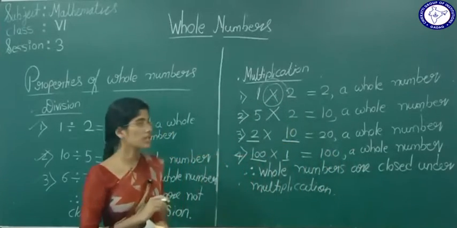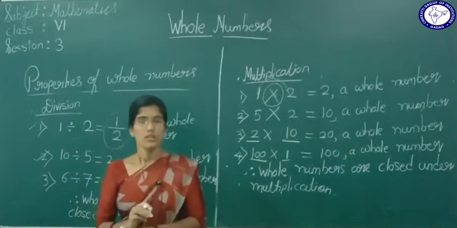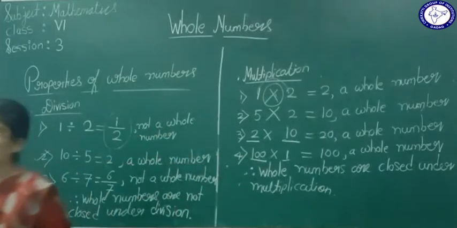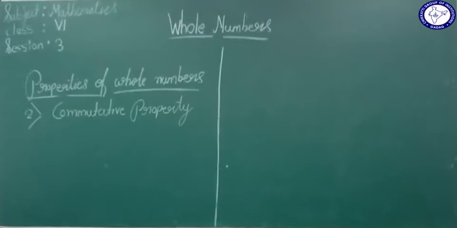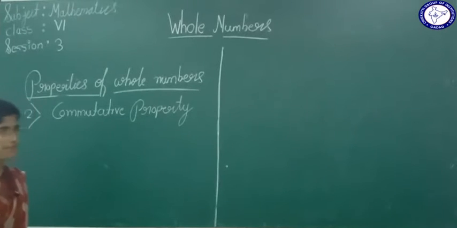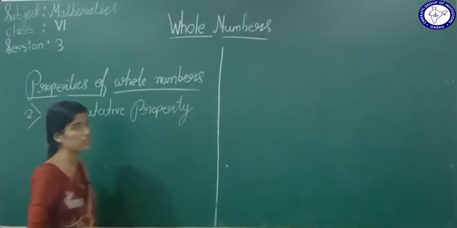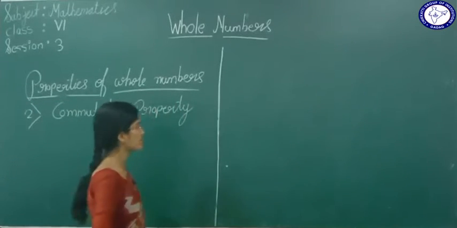Now we will see the next property, commutative property. Just now we saw what closure property is.